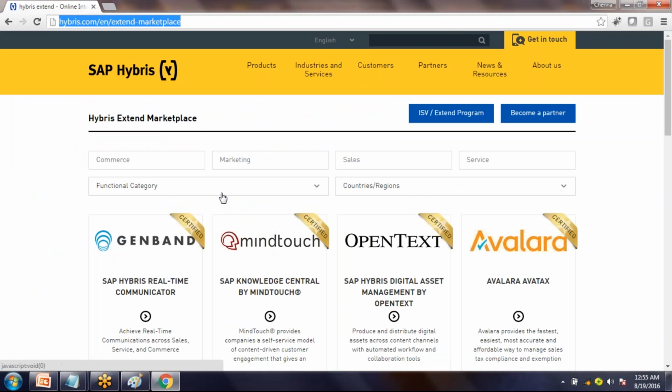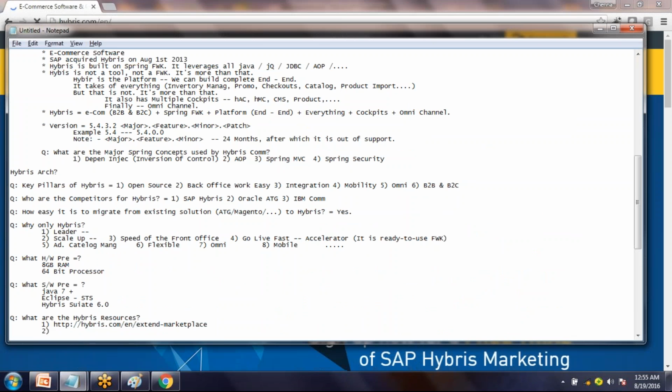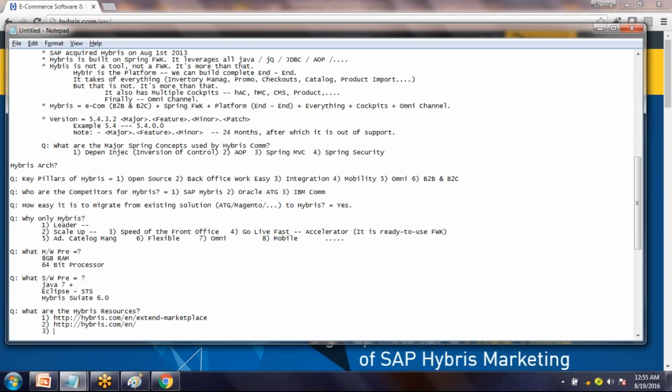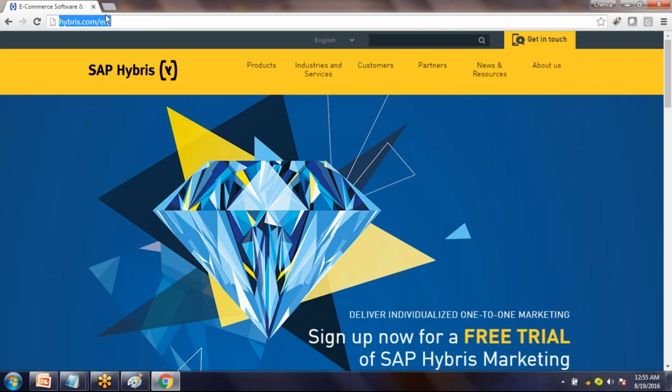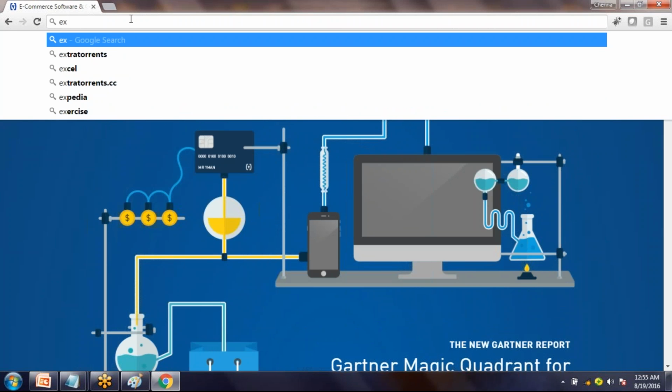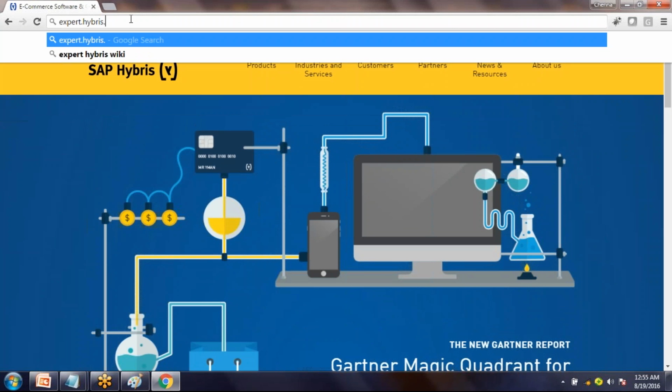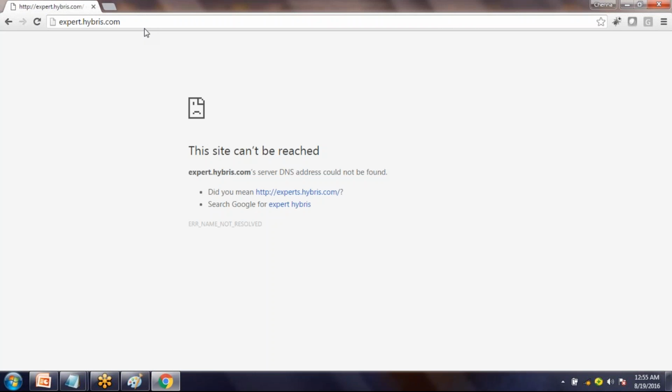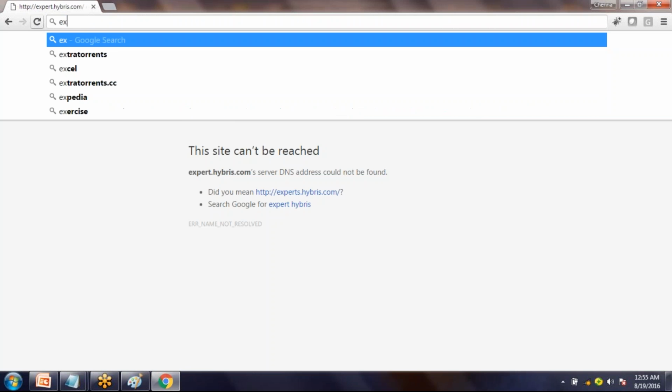The second thing is that you can simply go to hybris.com. The third thing is expert.hybris.com.